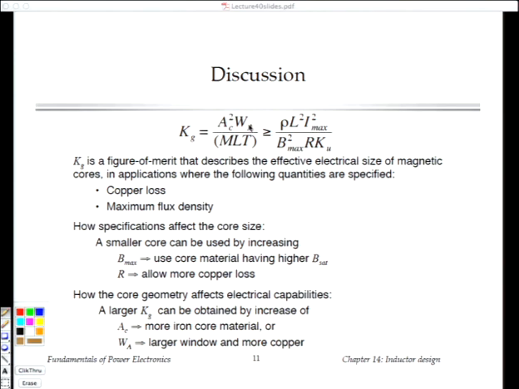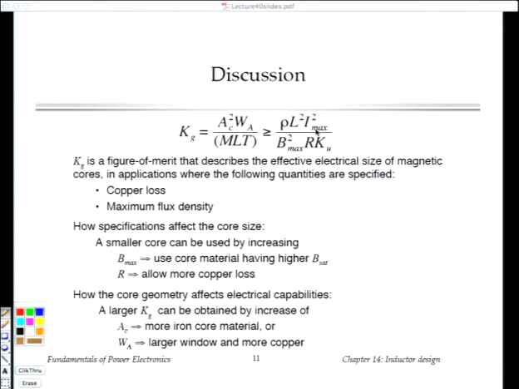And if you make it big enough, you can get back the same Kg. And what this is saying is that by doing this, we're using less core material, but we're winding more turns and putting more wire in the window area. And so classically, we say that you can trade off iron for copper or vice versa in designing your magnetics and do the same job. So this is another way to say that.